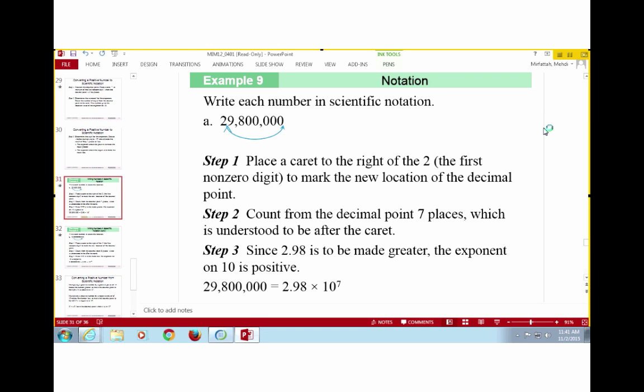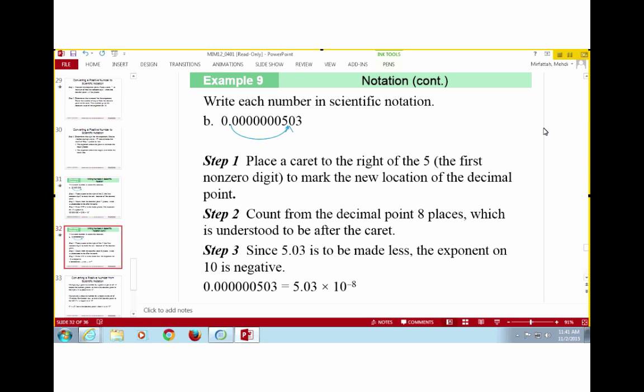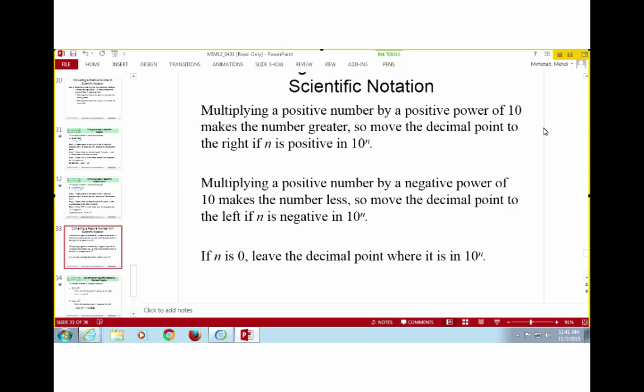This 29 million is a number that is obviously larger than 1, so at the end you have 10 to the power of plus 7, whereas this one is less than 1, so it turns out to be negative. So that's how you can figure out whether it's positive or negative. That's one way to remember it.